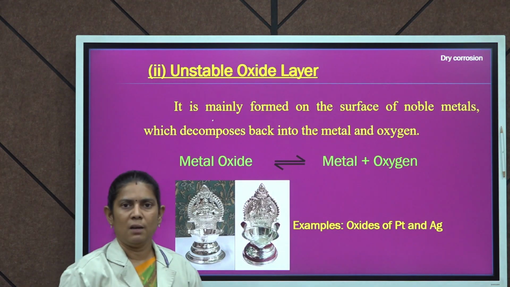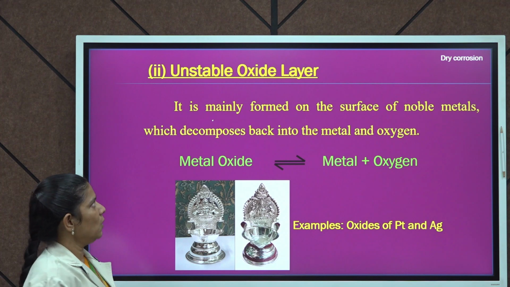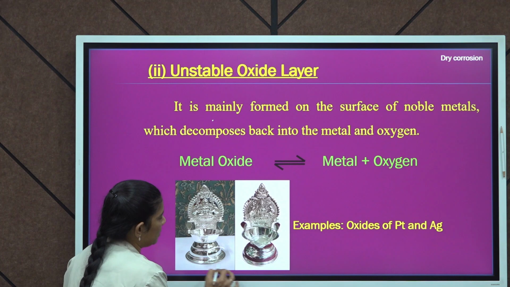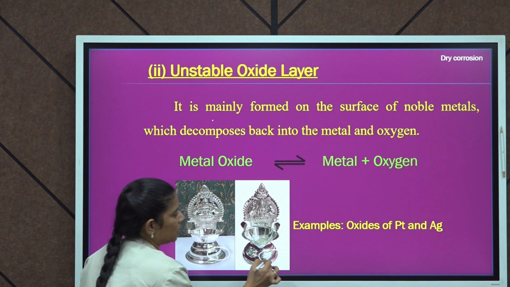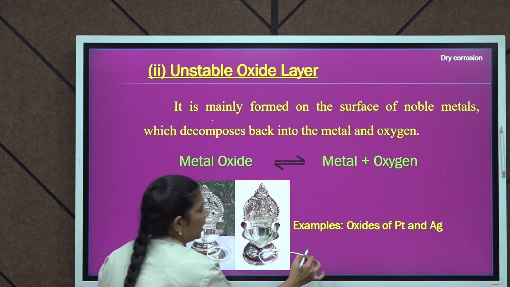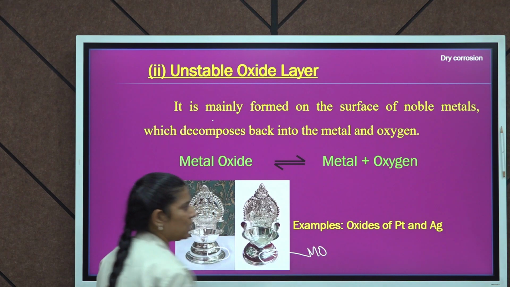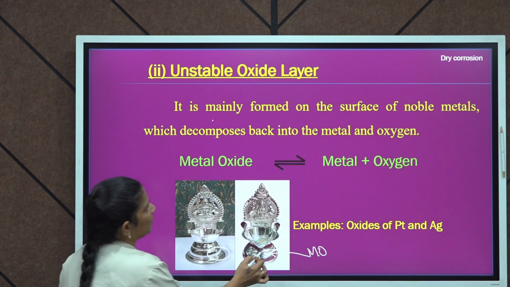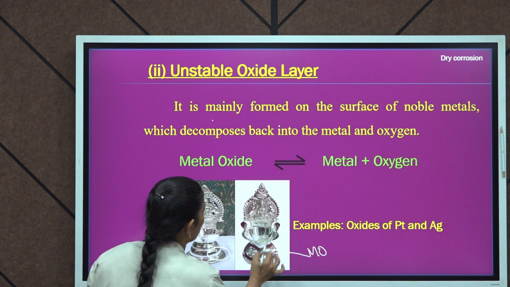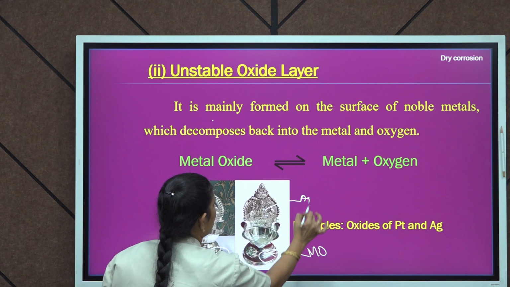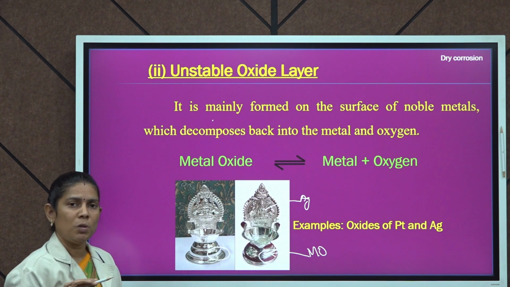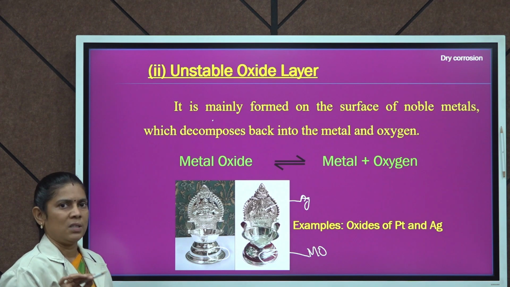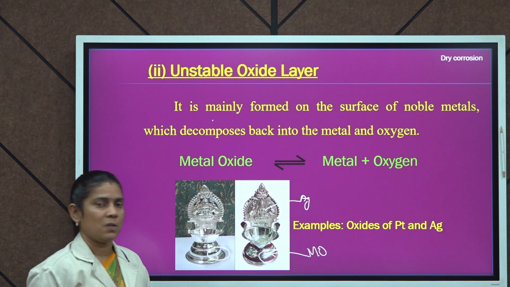Moving on to the second layer, the unstable oxide film or layer. Look at the picture. This is MO, that is, the oxide film formed on the metal surface. Noble metals, like silver, won't get corroded because they won't react with environmental gases, since they are highly resistive.